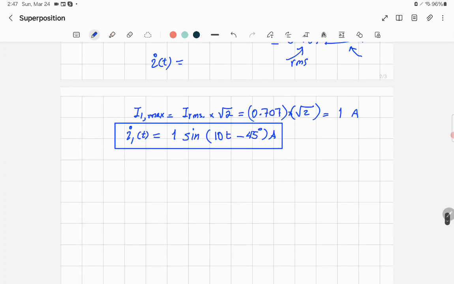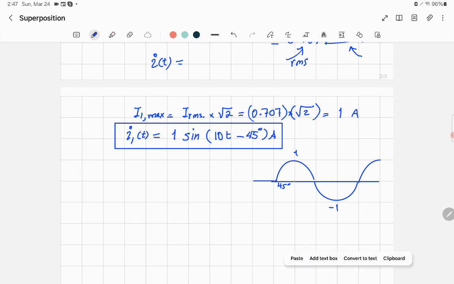If you would like to sketch it, just something fast, I will draw a sine wave. Let me do another half cycle. So the maximum is 1, the minimum is -1. But shifted by -45 degrees, it means it starts late. So if you extend this axis, this should be the angle 45 degrees.